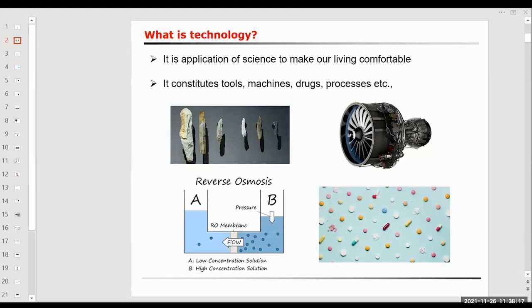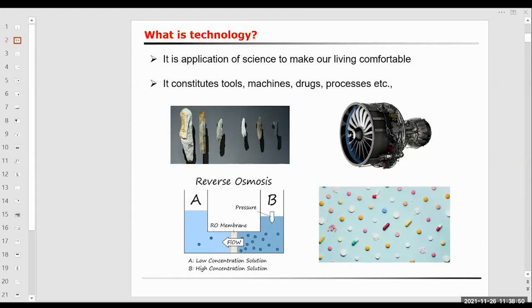Technology basically constitutes tools. Here you can see the tools used by the early humans, or machines like aero engines. The technology also constitutes manufacturing of drugs for different ailments. It also constitutes processes like reverse osmosis. You might have noticed that of late, many of the houses have these RO plants for drinking water in our day-to-day usage.